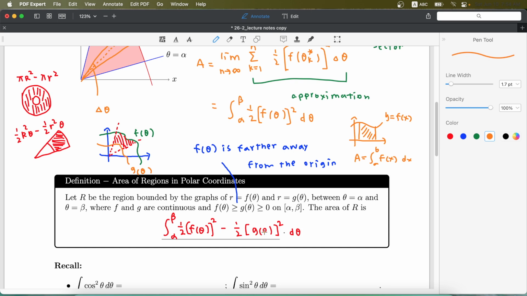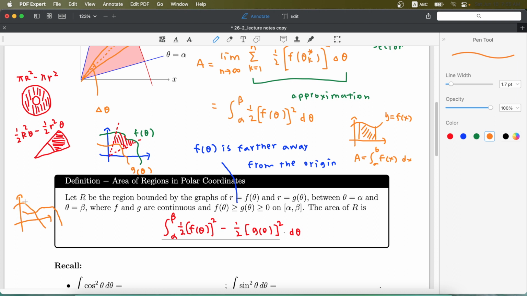Okay, again, you know that I don't like this format because you might have a graph where f and g intersect. For example, this is your f, but this is your g, like this. Okay, so you can see that f is farther away from the origin right here, but g is farther away from the origin right here. I'm sorry.